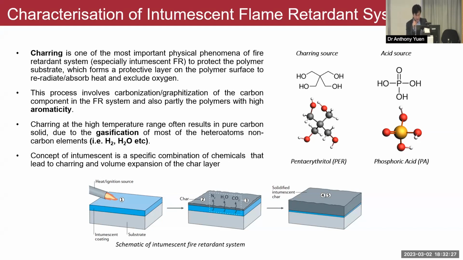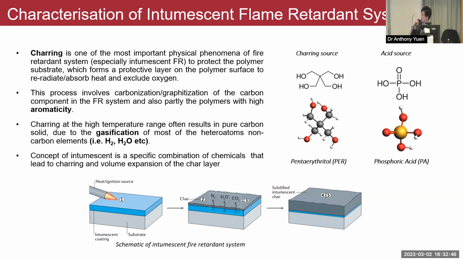In short, the intumescent system involves a specific combination like melamine, PER, phosphoric acid, and so forth. There are minor tweaks here and there, but the concept is always similar.